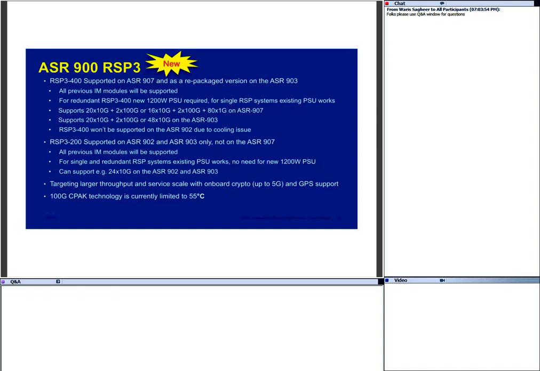So 400 is the only RSP3 which is available today. In terms of CPAK, 100 gig CPAK technology is currently limited to 55 degrees centigrade. People who are particular about the environmental parameters within the deployment site should be aware of this.